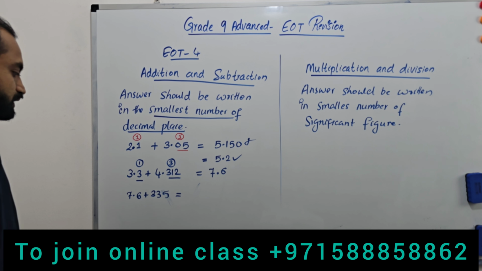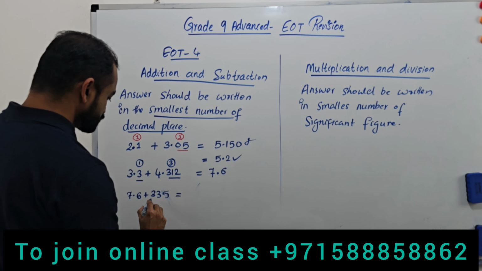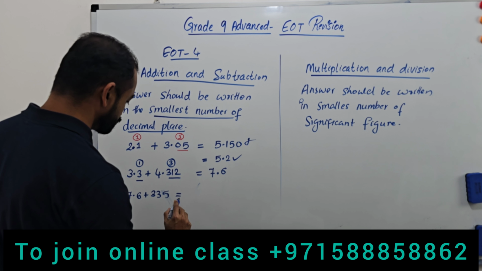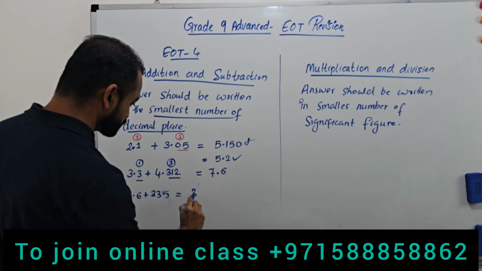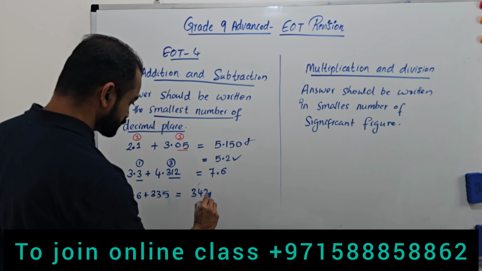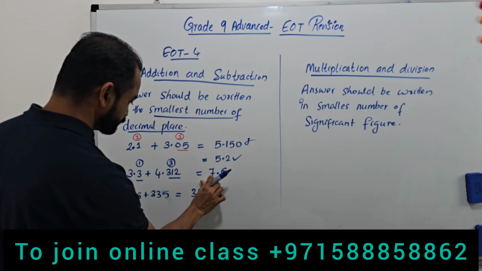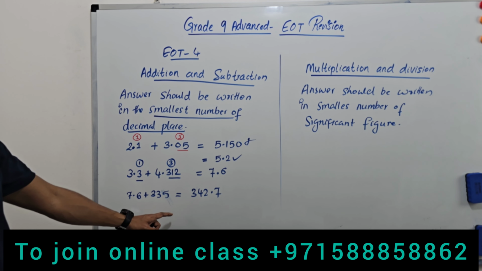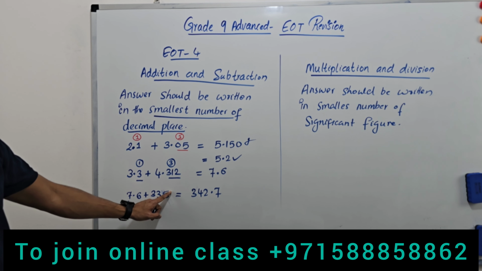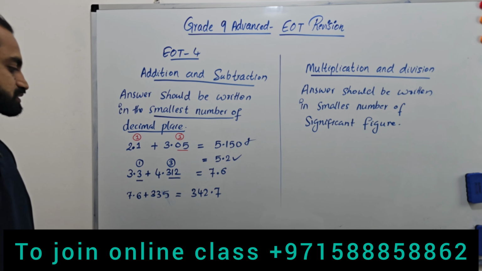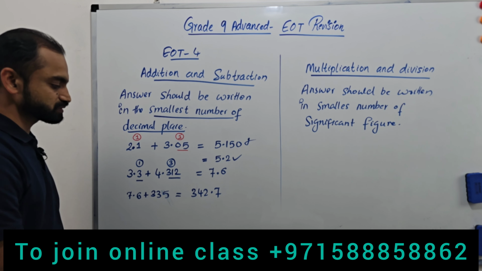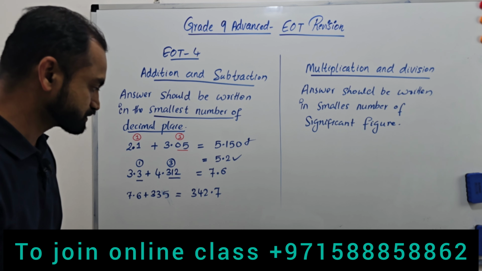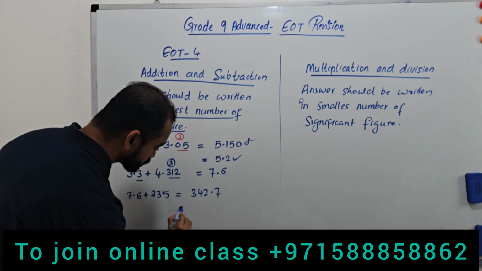So when we add this, how much will we get? 35 plus 7 is 42, so 342.6. The problem is, here there is no decimal place, so decimal place is 0. Here there is one decimal place. So we need to round this to 0 decimal places. How to round this to 0 decimal places?